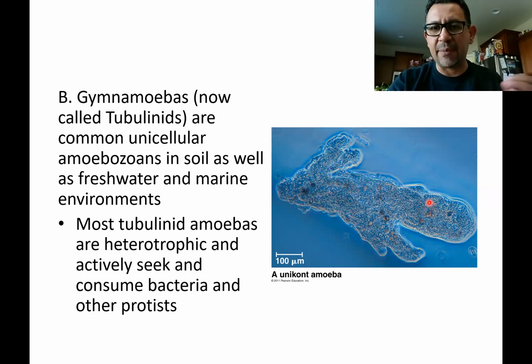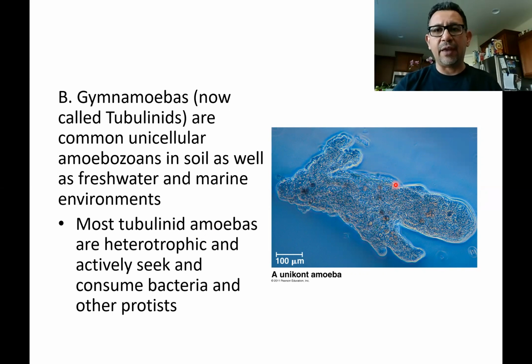Actin is the same type of protein we find in our muscle cells, used for locomotion. These tubulinid amoebas are going to be heterotrophic. They like to feed on other protists, like Paramecia. You can find them feeding on algae. You can find them feeding also on bacteria. So this is not a type that is going to be known to be a dangerous parasite.